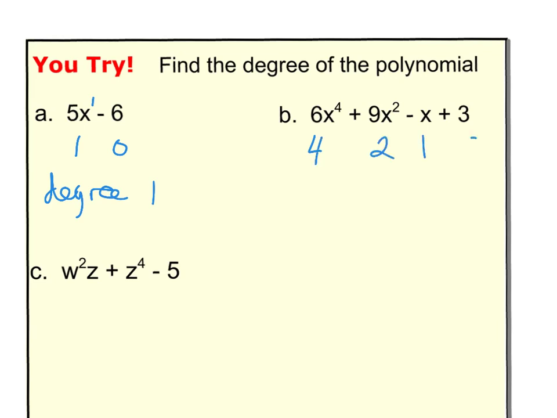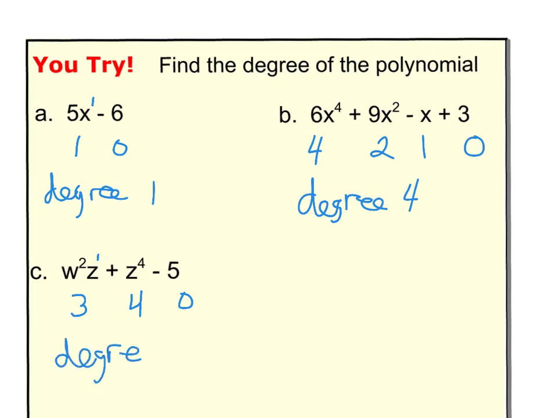This degree is 1, and that degree is 0. The highest number there is 4, so the degree here is 4. Awesome. This guy has a 1 next to it down here for C, so the degree of the first part is 3. That part is 4, and this guy is 0. So the highest number there is 4, so the degree again would be 4.